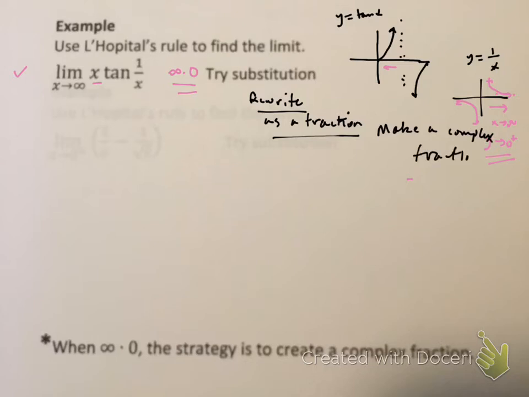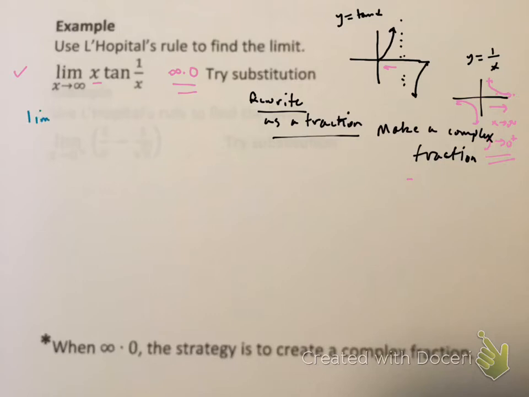So don't be surprised if I make them, even though I'm allergic to them, I will make a complex fraction. So how in the world do I do something like that? Well, let me get a different color and I'll show you. I think I need blue today.